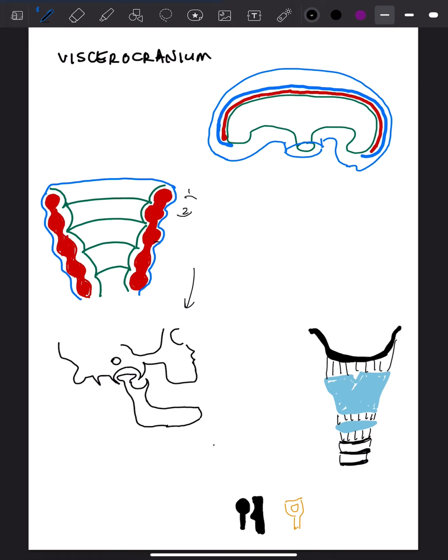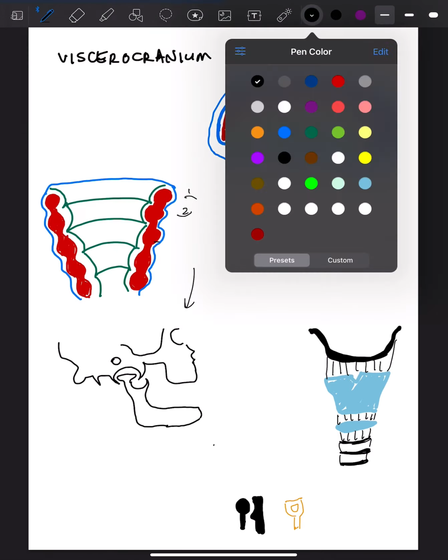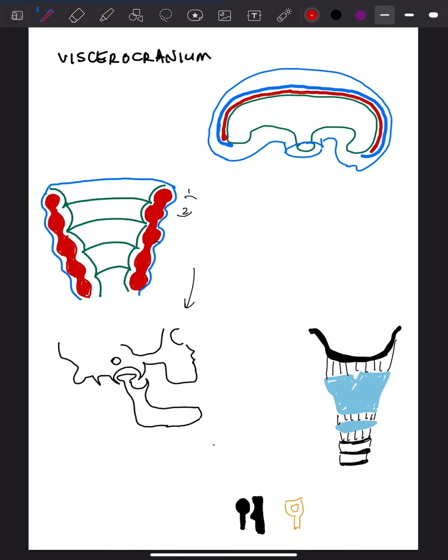What is important for you to know at this juncture is that you have the mesoderm as well.